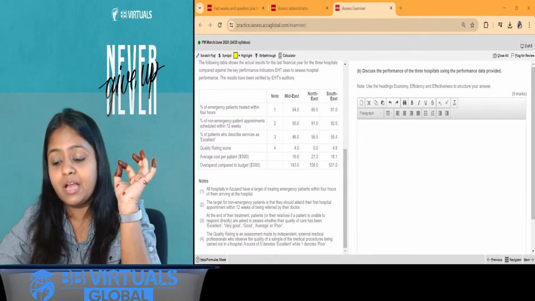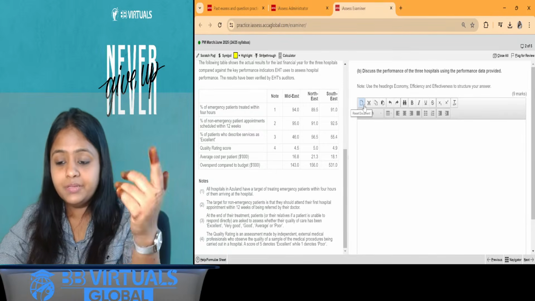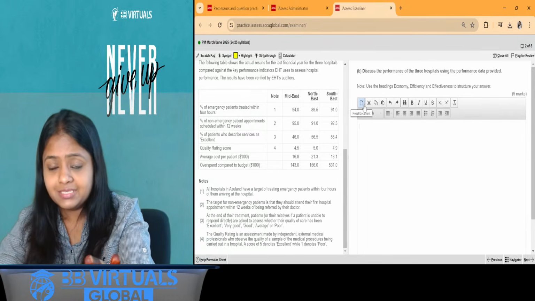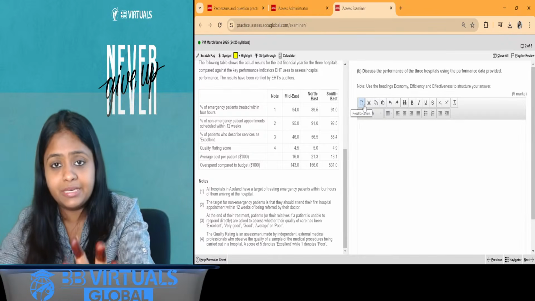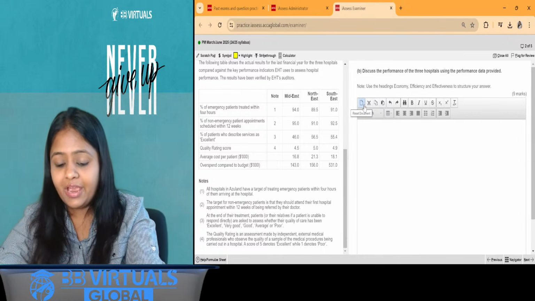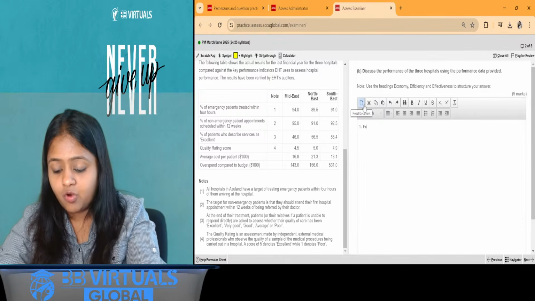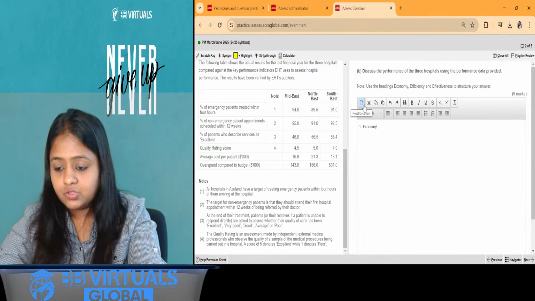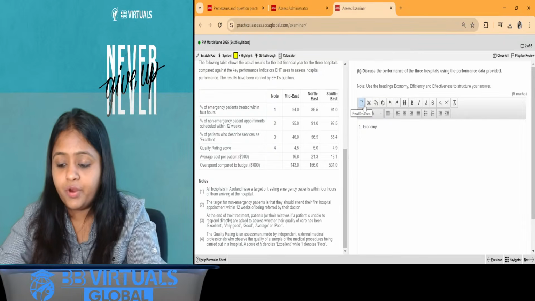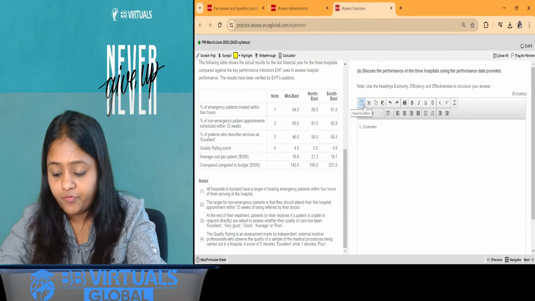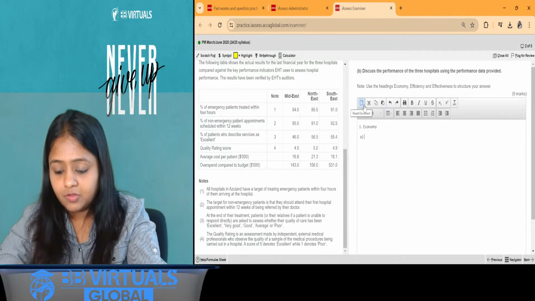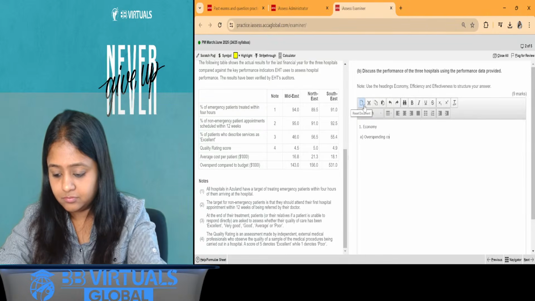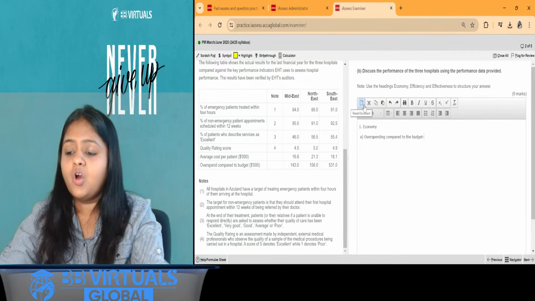How would you be framing your answer? So here I am now writing pointers which you will elaborate. If I take the first one, which is economy, I will be discussing overspending. How should you begin your answer?